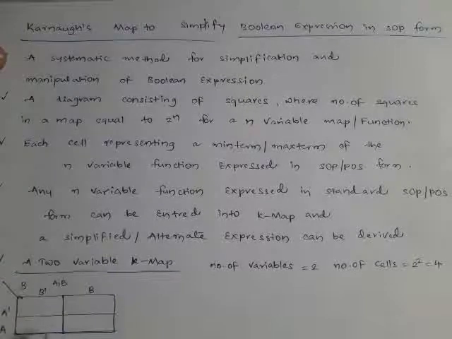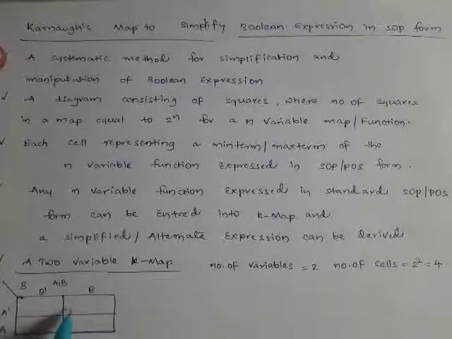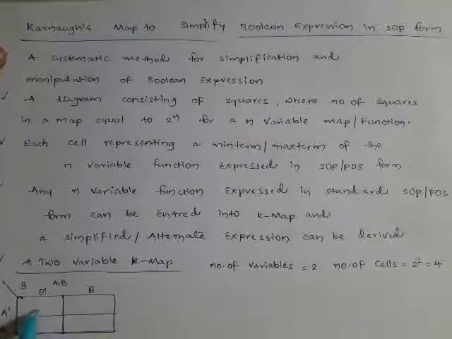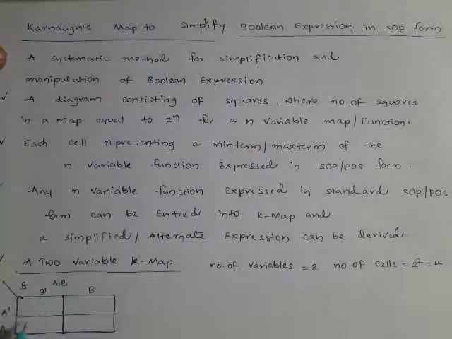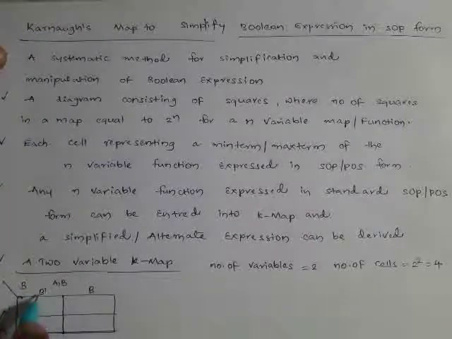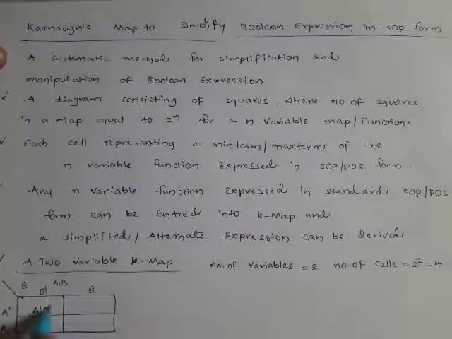Now you can see there are 4 cells, 1, 2, 3, 4, and each cell represents a general minterm of two variables. The minterm, a standard product, can be obtained by combining its row variable first with its column variable. So the row variable is a bar and the column variable is b bar.